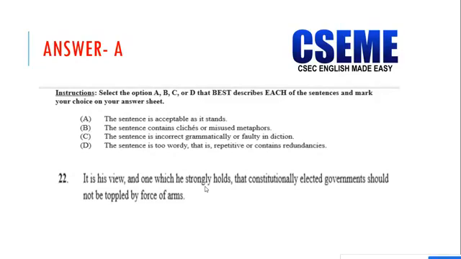At first glance, your brain is automatically looking for an error. But always look at the sentence and say, okay, I've done the elimination, it's not B, it's not C, hold on, it could be D. Let me check if it's D, but if it's not D, it's A.